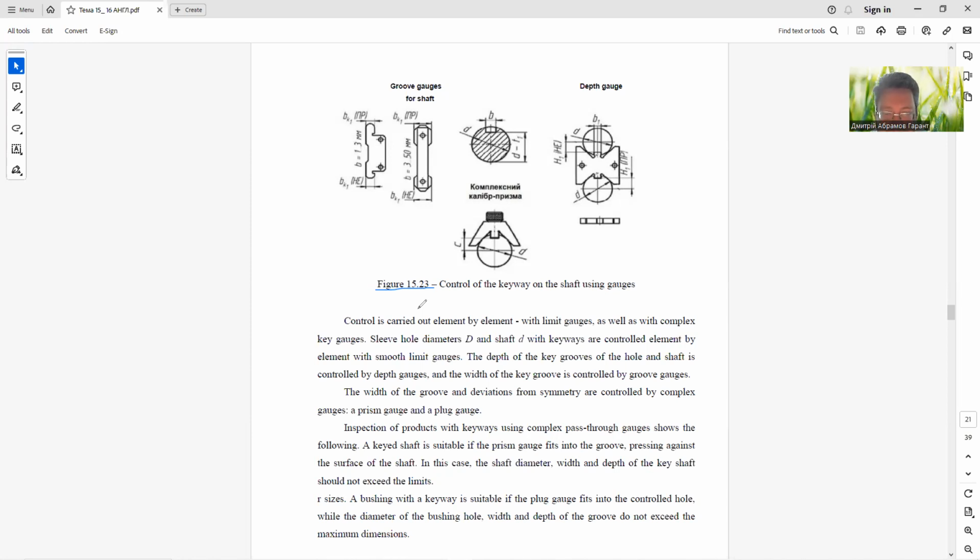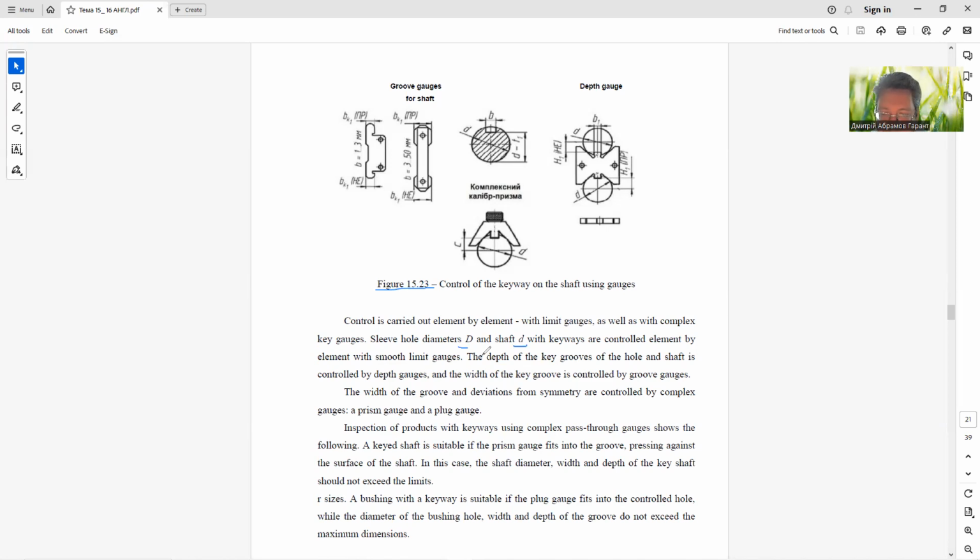Control is carried out element by element with limit gauges as well as with complex keyway gauges. Sleeve hole diameters, big D, and shaft, small d, with keyways are controlled element by element with smooth limit gauges.